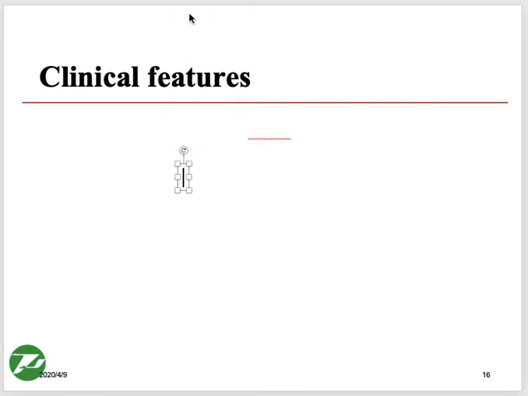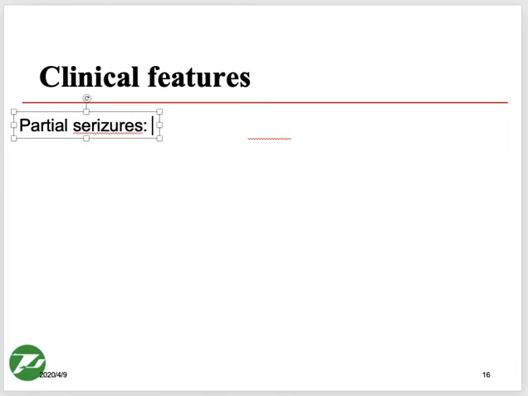Okay, so guys, in clinical features there are many things to talk about, but quickly I will tell you, for example, how a person who has partial seizures will be presenting. Partial seizures means what? Focal seizures. Partial seizures can be simple, can be complex, right?